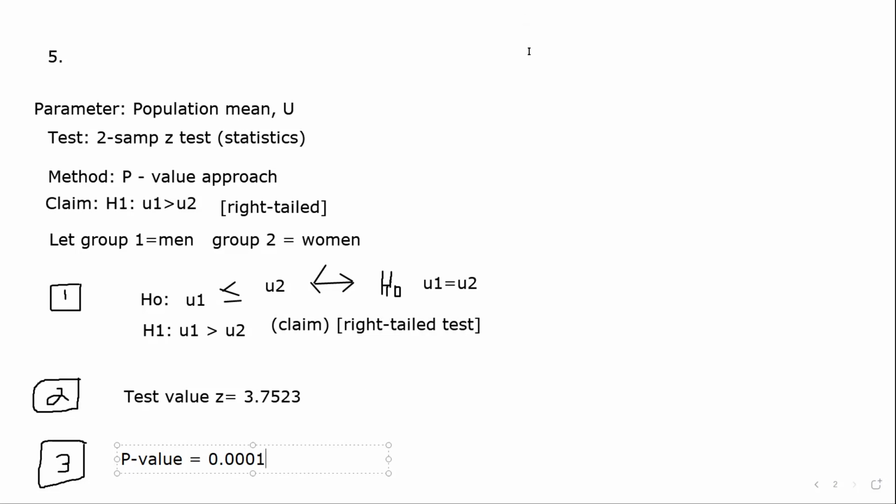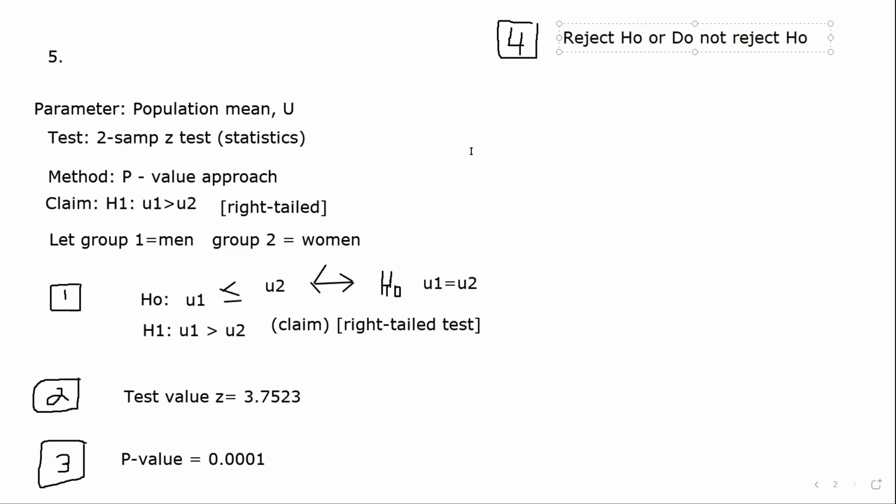And then your step 4 is going to be reject the null or do not reject the null. So we get reject H0 or do not reject H0.